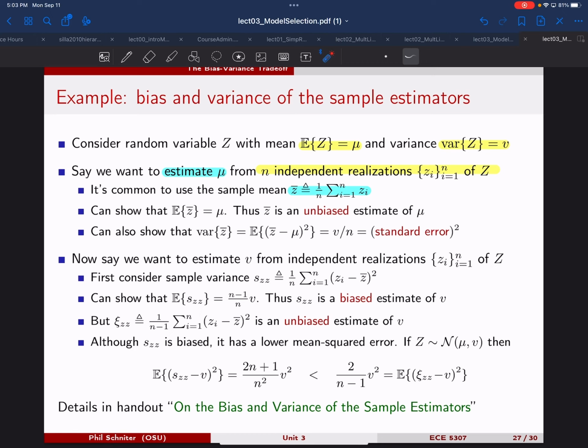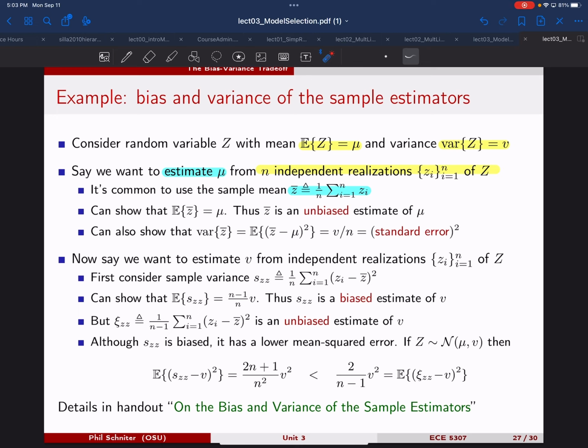However, if you think statistically, let's think of z bar itself as random. If I think of each of these realizations as random draws, when I do one experiment, I'm going to get one z bar. If I repeat my experiment, I'm going to get a different z bar. So now I can think of z bar as a random variable, which is just an average of other random variables.